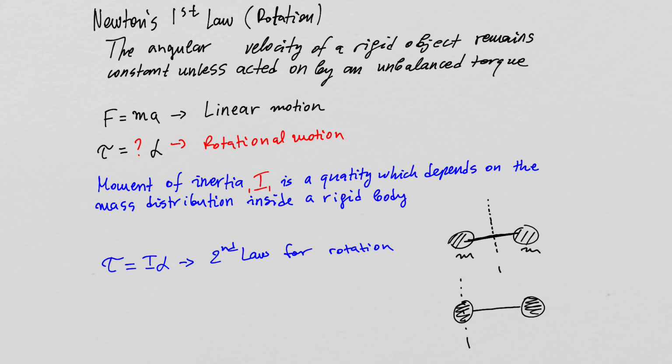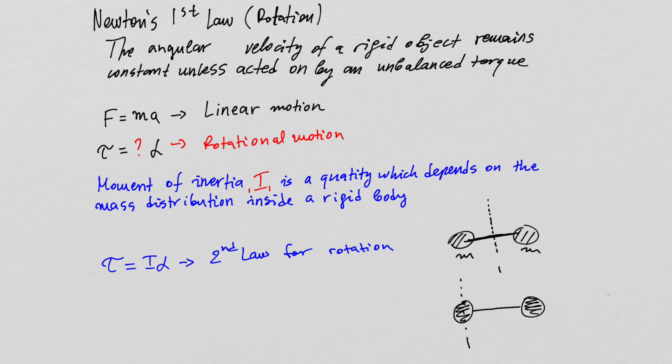So, let's recap. The first law states that the angular velocity of a rigid object remains constant unless acted on by an unbalanced torque. And then for the second law, we have that the torque acting on an object is equal to the product of the moment of inertia of that object times the angular acceleration of that object.